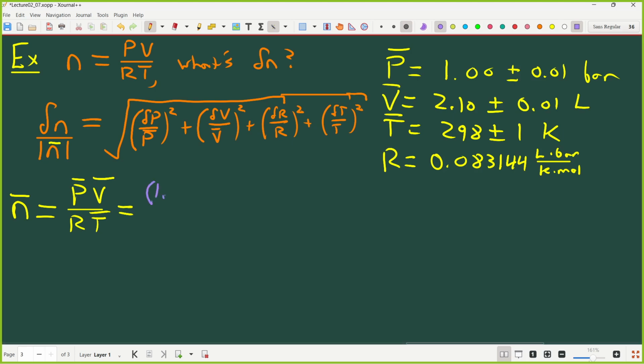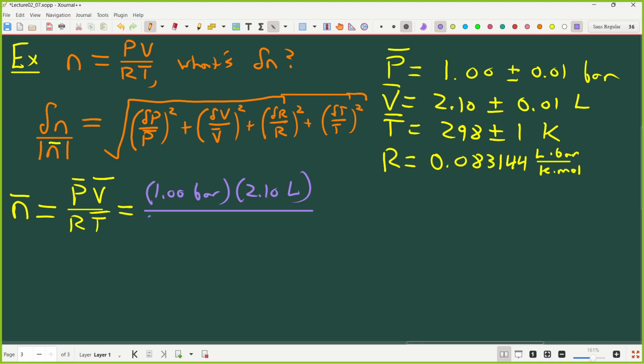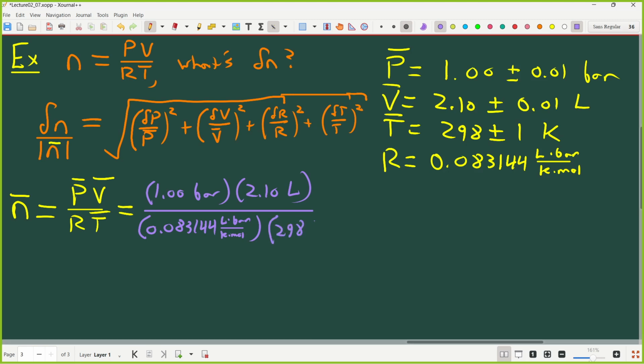This is 1 bar times 2.10 liters divided by this big ugly number, 0.083144 liter bar per Kelvin per mole, times 298 Kelvin.